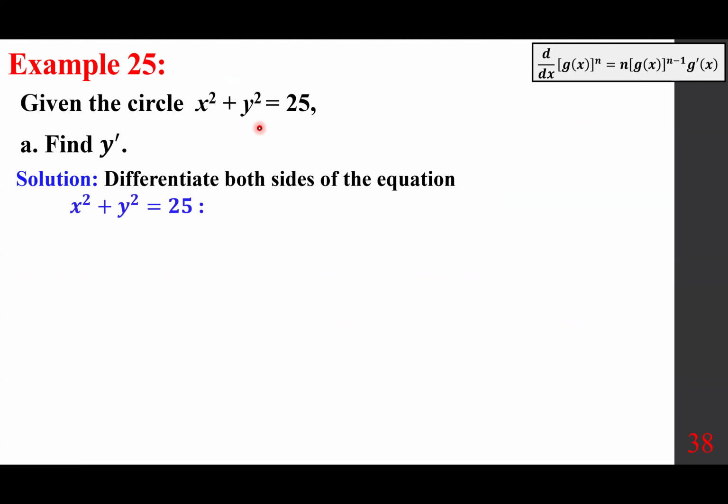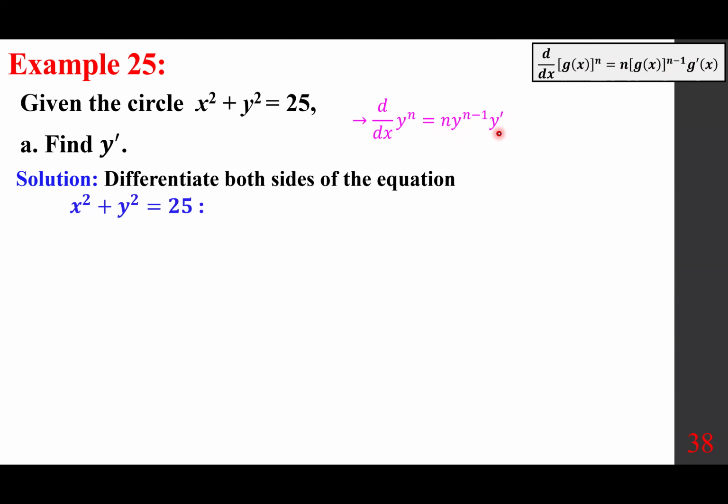And to do so, I want to remind you that if you're differentiating g of x to the power of n, it becomes n g of x to the power of n minus 1 g prime of x. But instead of g of x, if we have y, the derivative becomes very similar. N, instead of g of x, we're going to write y to the power of n minus 1. Instead of g prime, we're going to write y prime or dy dx.